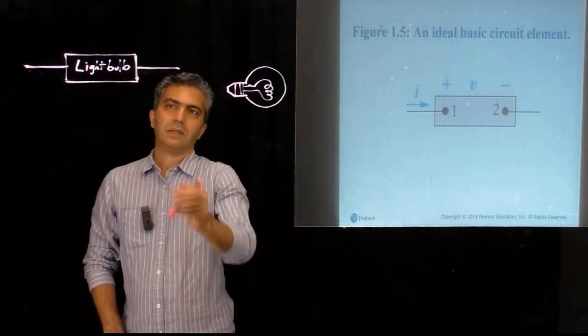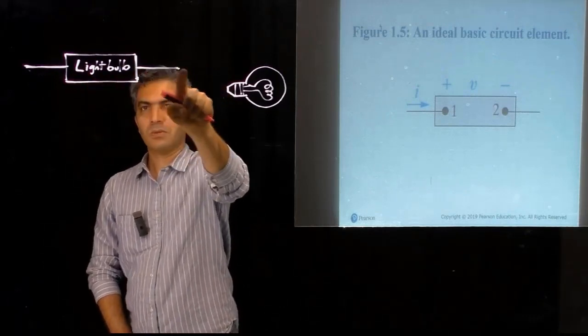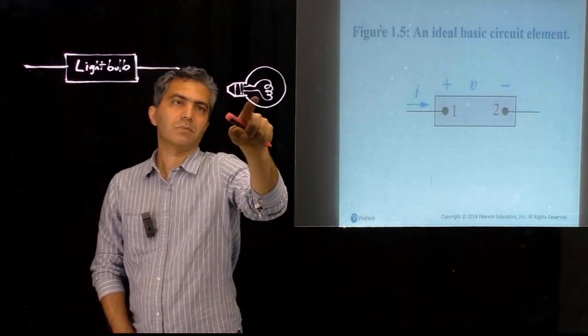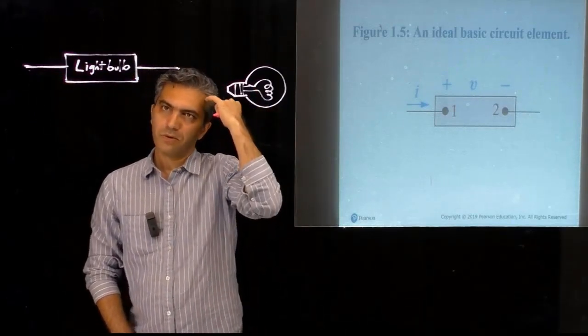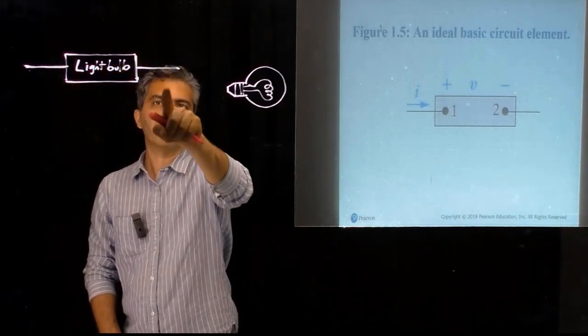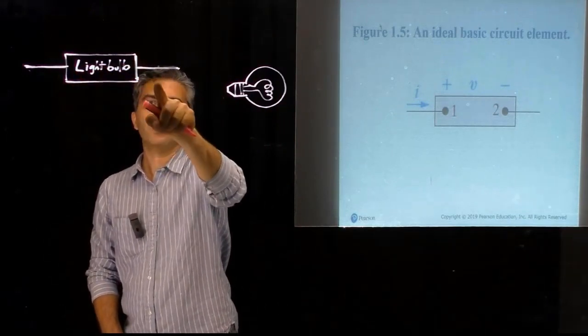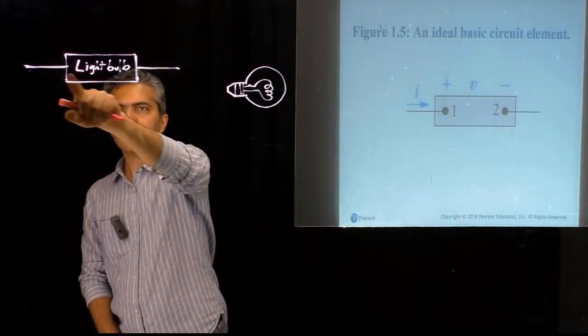And now, this representation with just the box and with two connections is much easier than drawing the whole thing. So from now on, every time that we want to represent an electrical device or electrical component, we're going to use a box and connections to it.